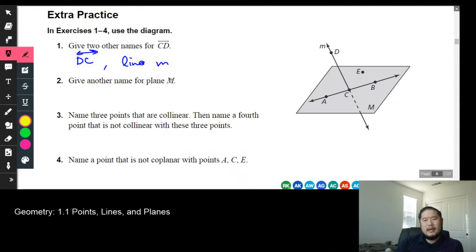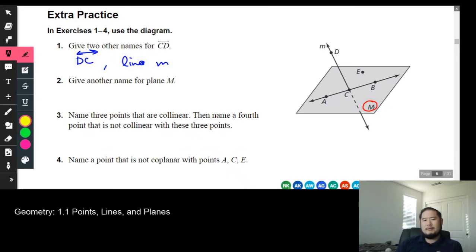Another name for plane M. Remember, plane M is based off of this letter that happens to be on the bottom right. When planes are named, you'll see a lowercase letter or an uppercase letter, usually on some corner of the plane.